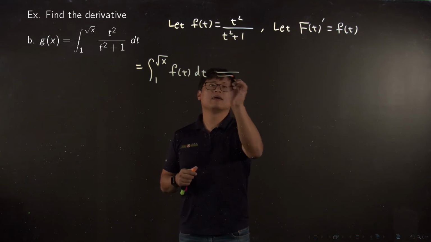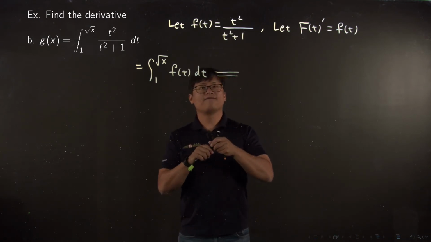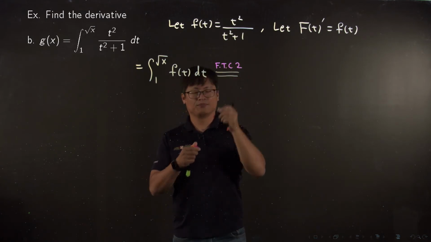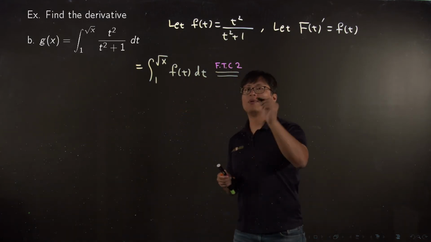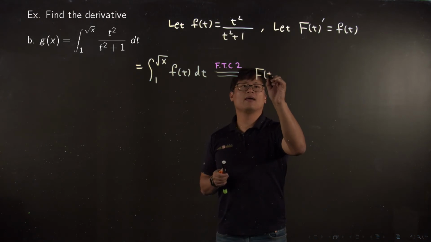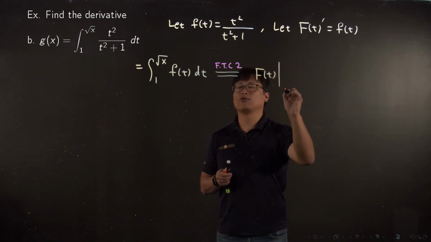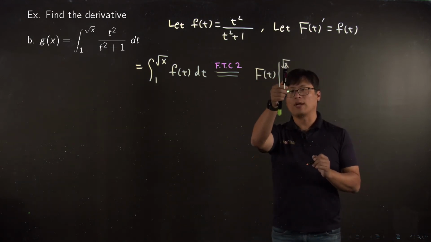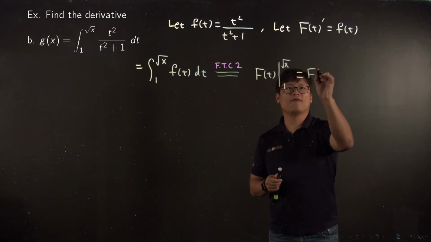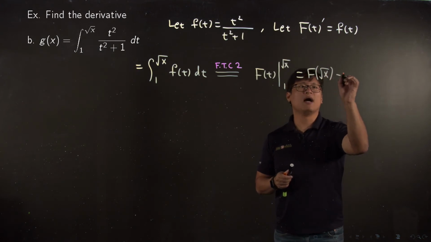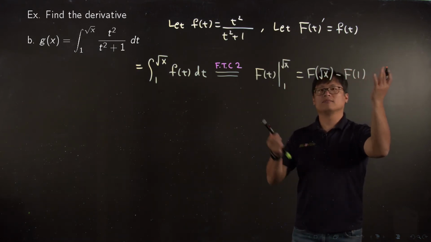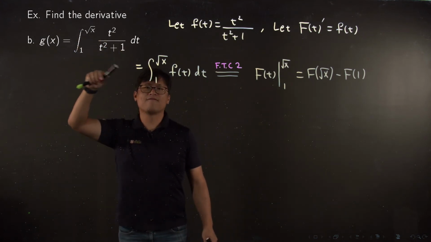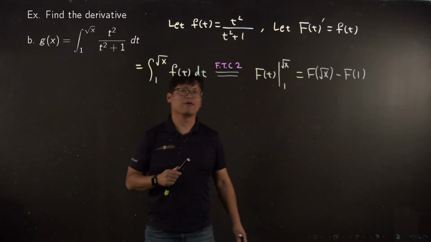Then, by the fundamental theorem of calculus part 2, this can be written with the antiderivative and the big bar notation from 1 to square root of x. Then what are you going to do? Plug in the upper limit first. It is F of square root of x minus F of 1. There we go. Now I just changed your definite integral into this algebraic form.